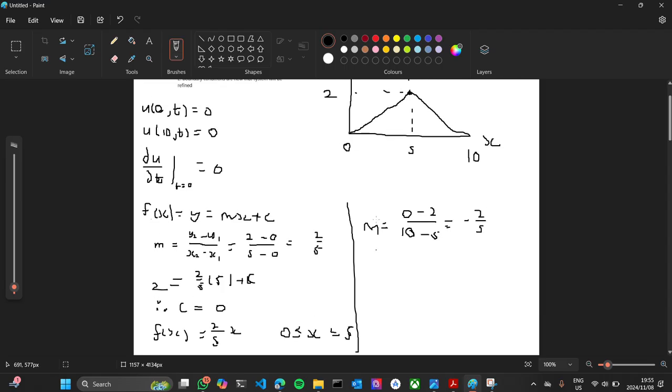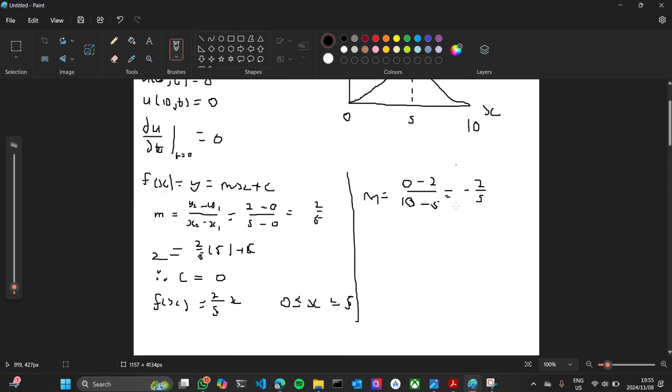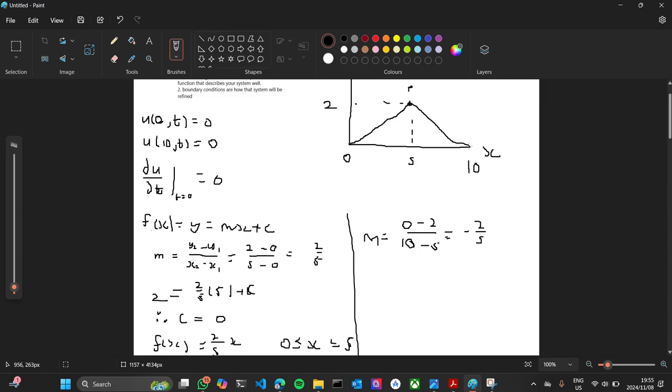Then you can again input whichever point on this line that you want to find c. In this instance, I'll just use this one here. So at this point here, y is equal to 0.